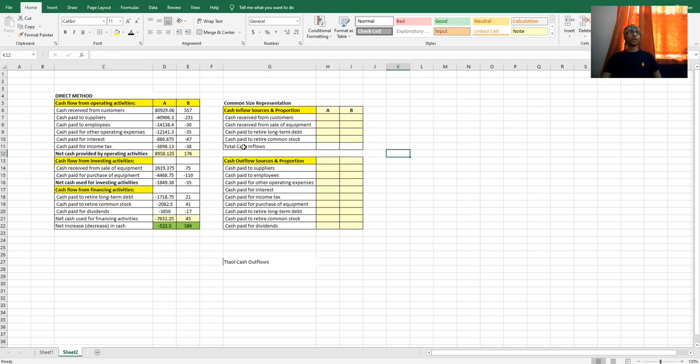So we use total cash inflows here and we use total cash outflows here. So what we were saying is, we indicate the proportion of contribution of each line item to the total cash inflow or outflow both, right?